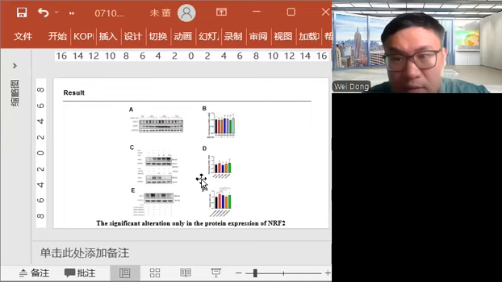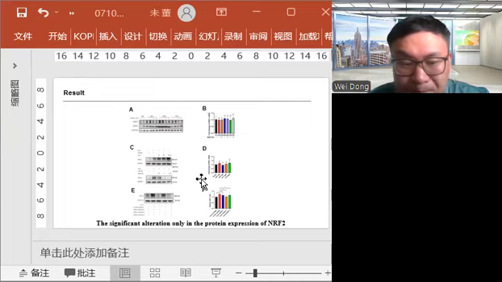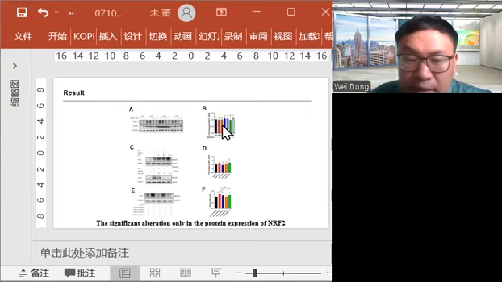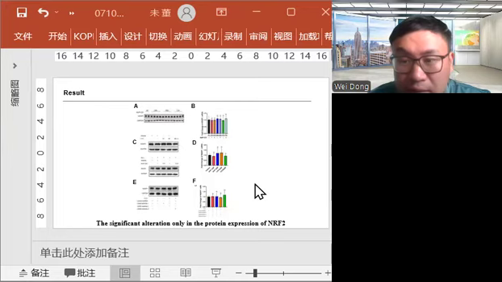Especially, we observed an upregulation of NRF2 protein levels following the inhibition of CERK. Interestingly, the RNA level of NRF2 and the RNA level of KEAP1 did not show consistent changes.